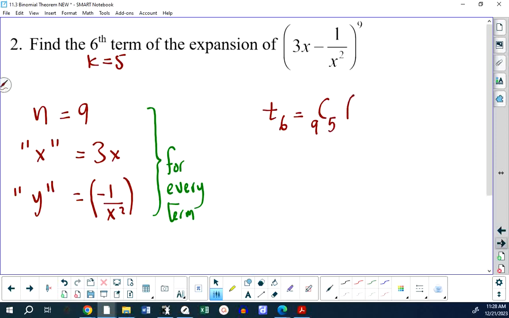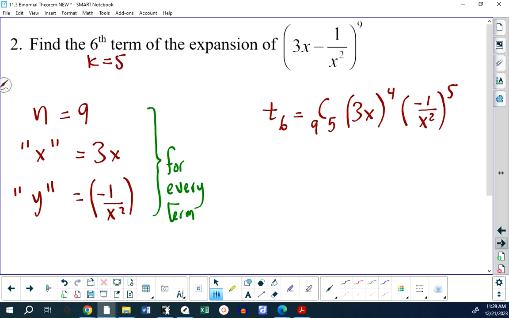It will contain an x, which is actually 3x, raised to, I'm not going to worry about that exponent just yet, y raised to the key number, and then what number do I put here so that it adds to 5 to give 9? 4. How many of you would have just said 9 minus 5 is 4 to begin with? That's it. The rest of this question is just basic math.